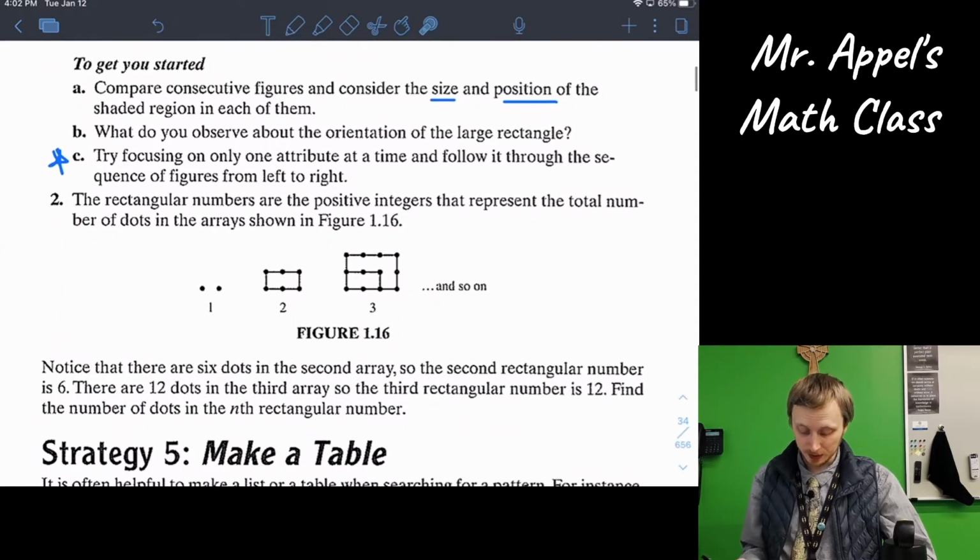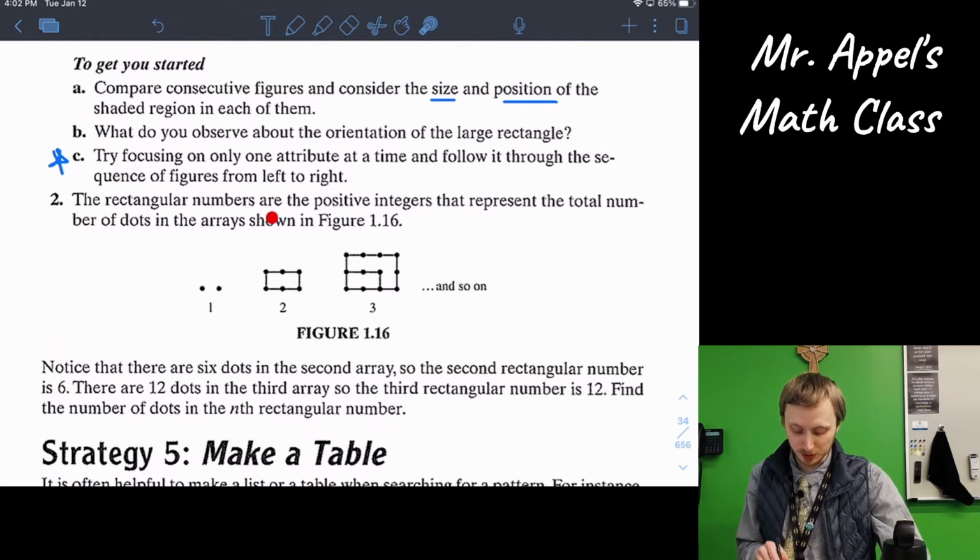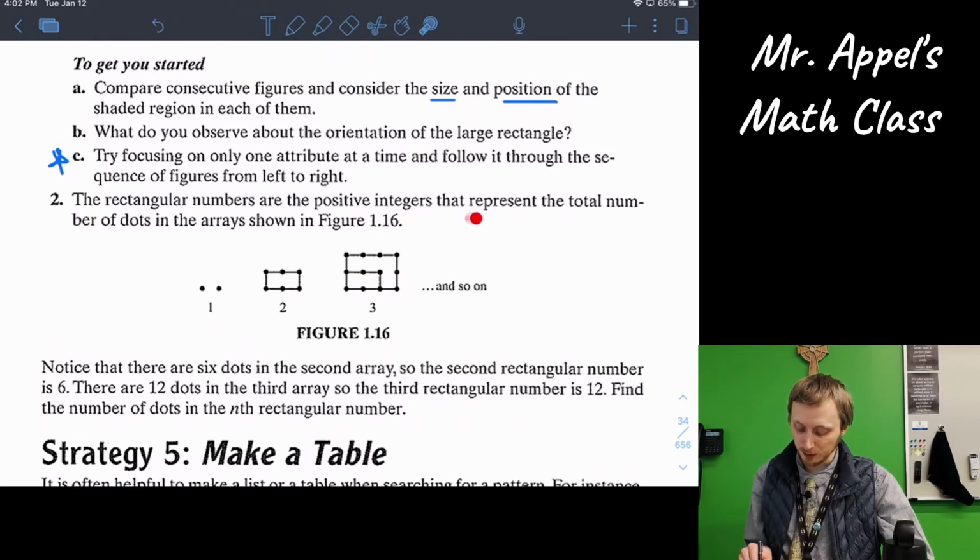All right, and then the second problem is thus: the rectangular numbers are the positive integers that represent the total number of dots in the arrays shown in figure 116. Here we have two dots. And then the second one we have 6 dots. And then 12 dots, and so on.